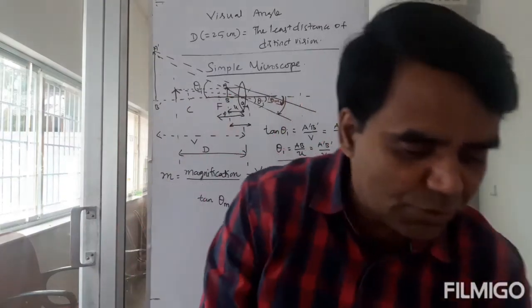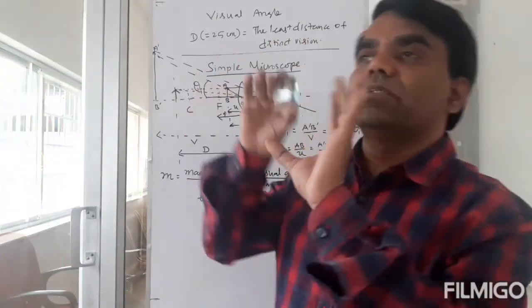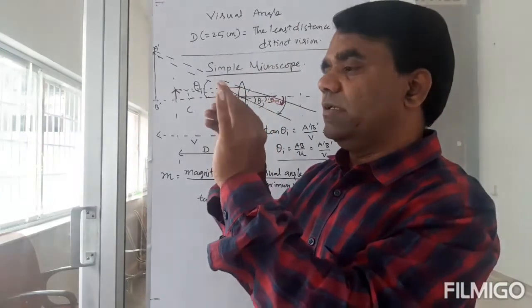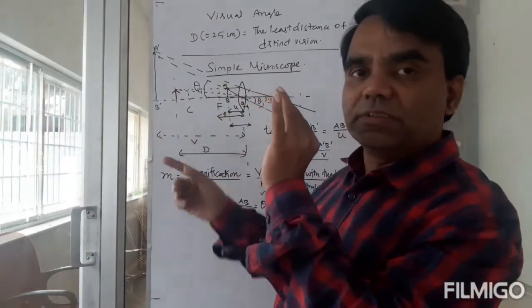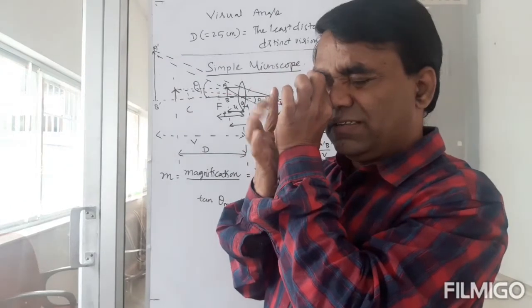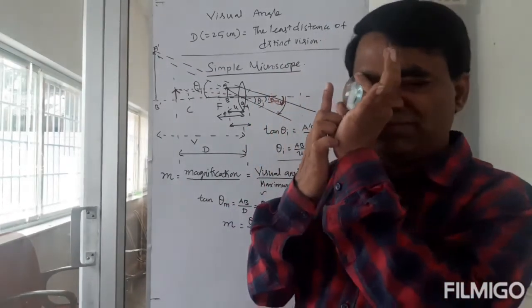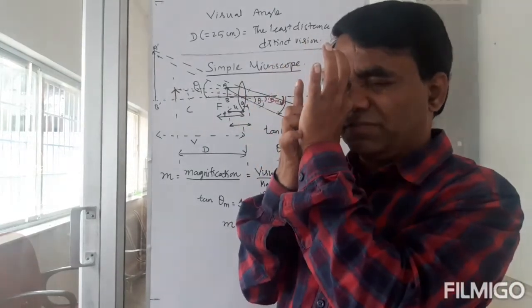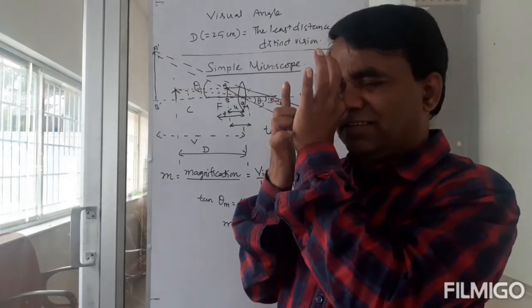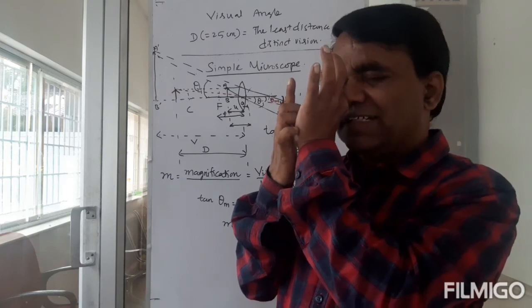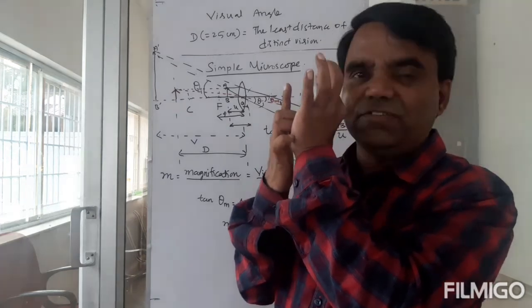So if I use this lens, D is fixed, 25 centimeters. If I keep it here, then the magnification is 25 by this distance, maybe 8 centimeters or something. Then if I go here, that will be maybe 9 or 10 centimeters, and 25 by that.